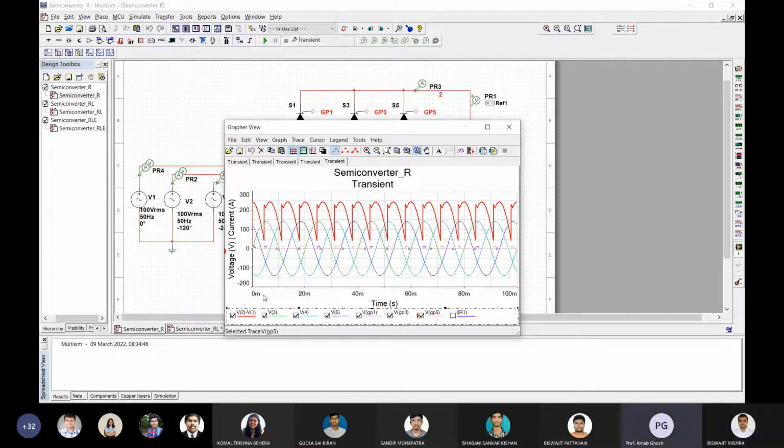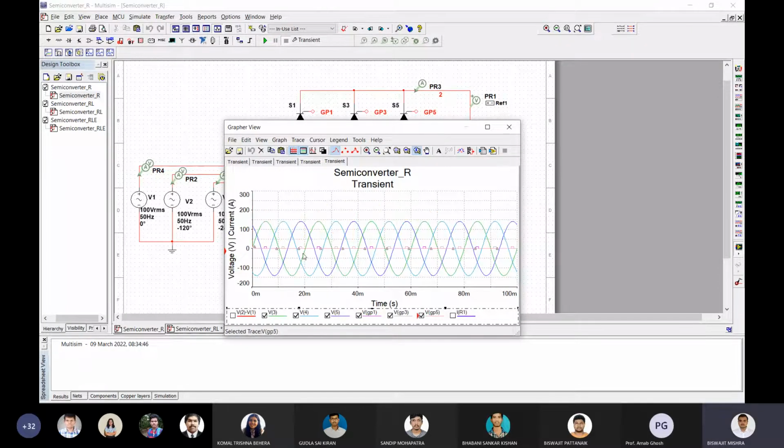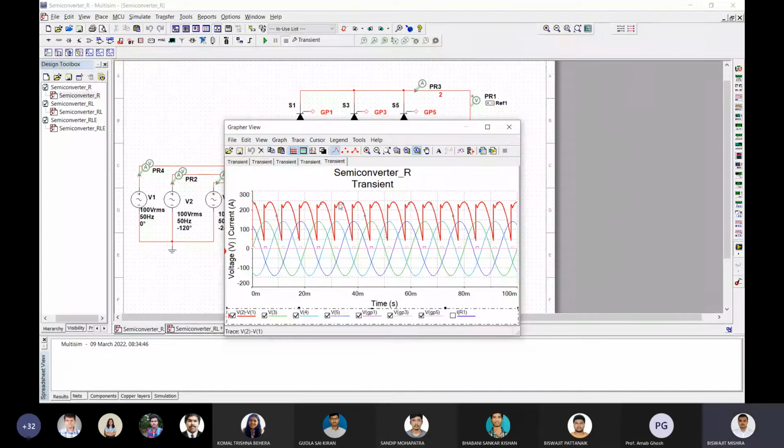These are the input voltages, three-phase input voltages, and the gate pulses are there. And this is the output, and this is the current. So the gate pulse is 60 degree. Sir, can you make it more?